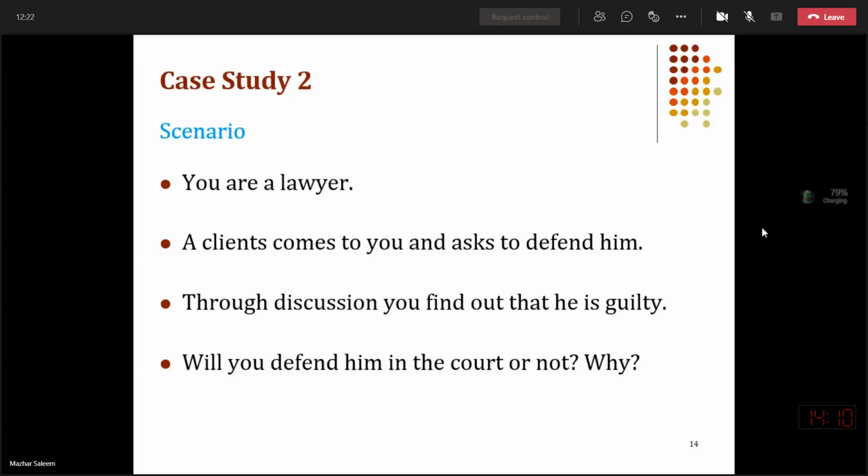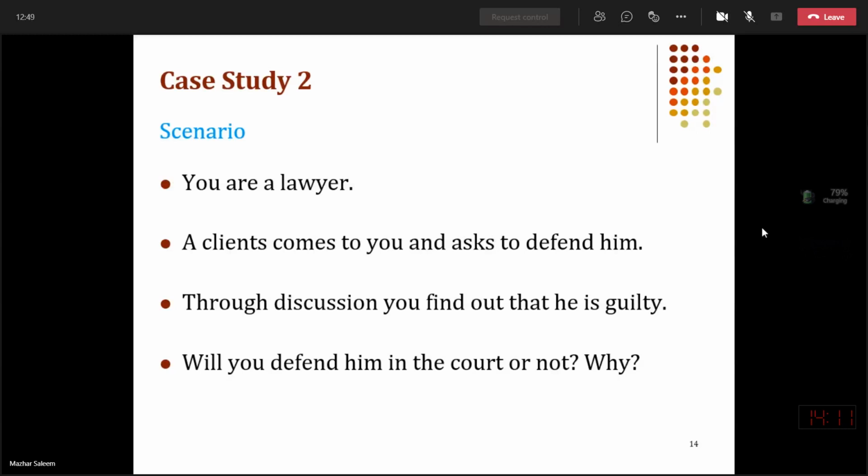To put his case in front of the judge and then let the judge decide whether he is right or wrong, I think that is not unethical. Okay, that's true. That's the other perspective that I was going to talk about: that everybody has the right to defend himself, and for that one needs a lawyer.